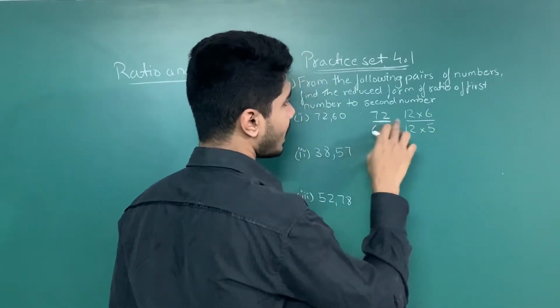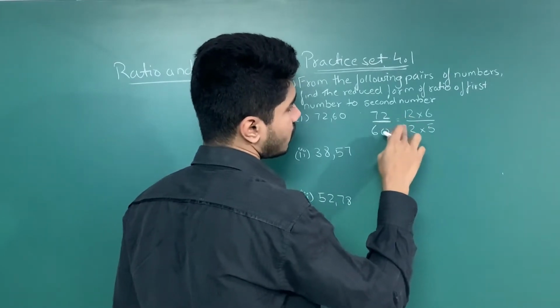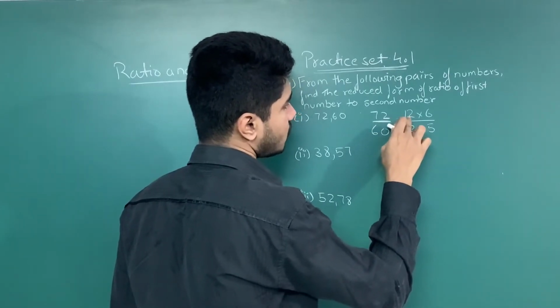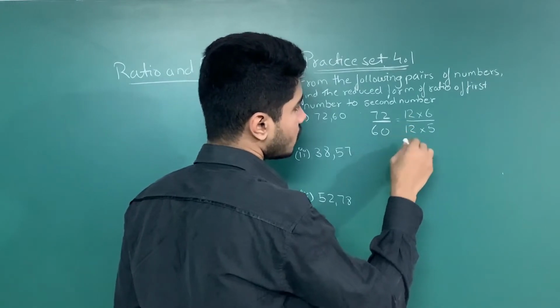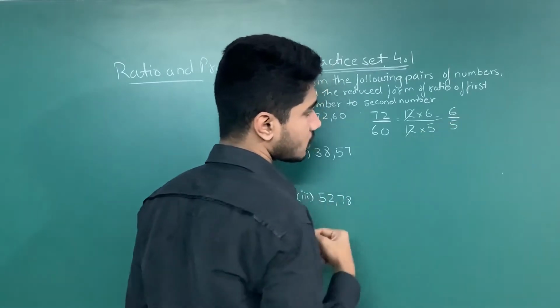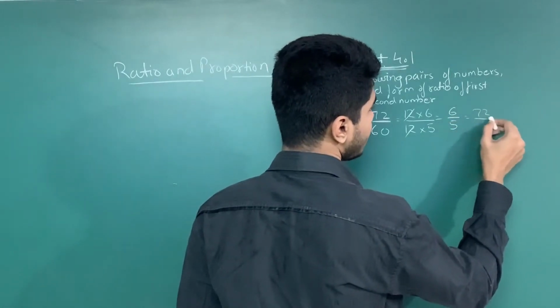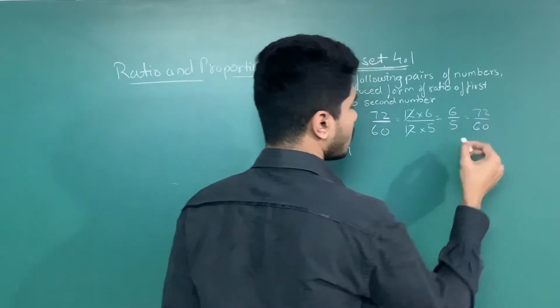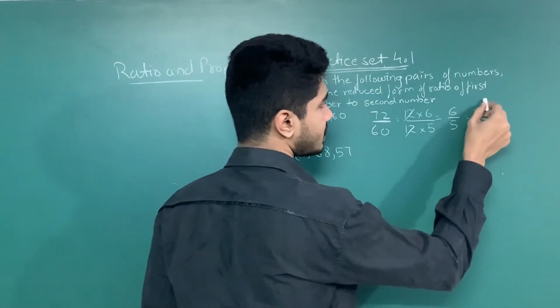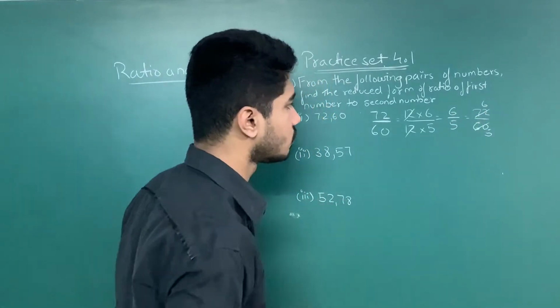Now both the numbers have a common multiple, that is 12. So you can cancel this 12 and 12. You get 6 upon 5. This is one way. Or you can directly do the cancellation. That is, 12 6s are 72, 12 5s are 60. So आपको same ratio मिलता है, 6 upon 5.